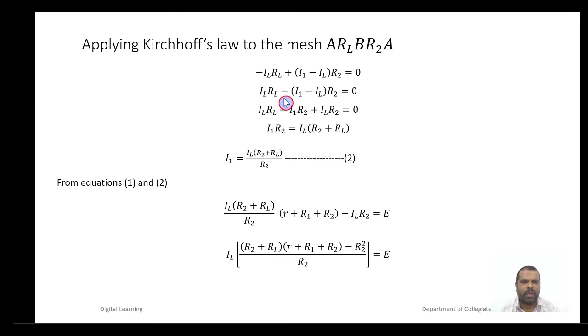IL RL minus (I1 minus IL) into R2 is equal to 0, or IL RL minus I1 R2 plus IL R2 is equal to 0, or I1 R2 is equal to IL into (R2 plus RL), or I1 is equal to IL into (R2 plus RL) divided by R2. Call this equation number 2.